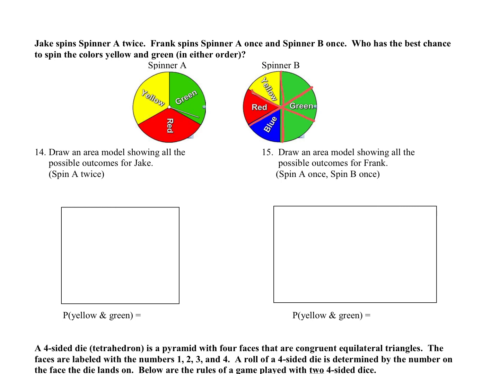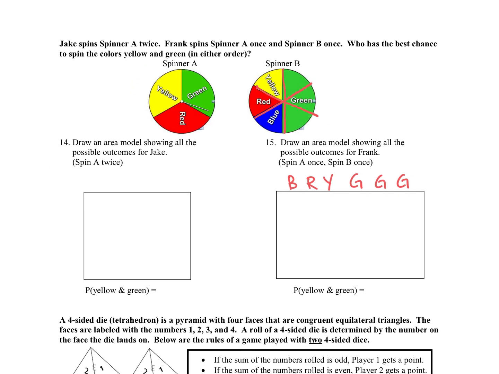So when you go to make your colors across the top, you're going to need to do blue, red, yellow, and then you have to list green, green, green 3 times. So count, you can't just do blue, red, yellow, green because they're not all equal. So just a hint on that one. The rest of this, I think you should be good. Let me know if you have any questions.